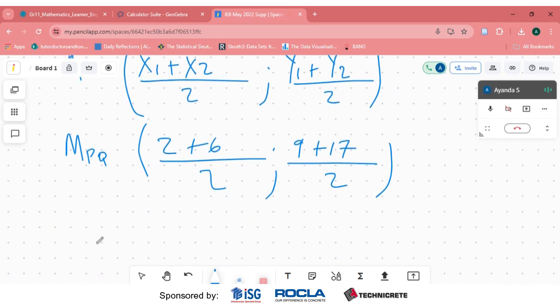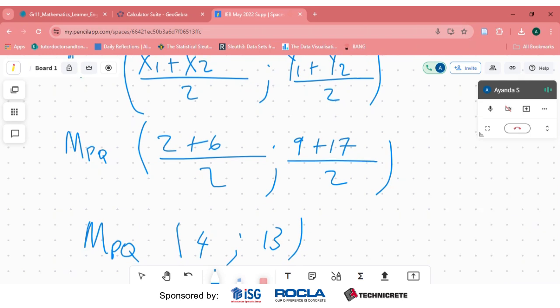Two plus 6 gives us 8, divided by 2 is 4. 9 plus 17 gives us 26, divided by 2 is 13. So the midpoint of PQ is 4 and 13.